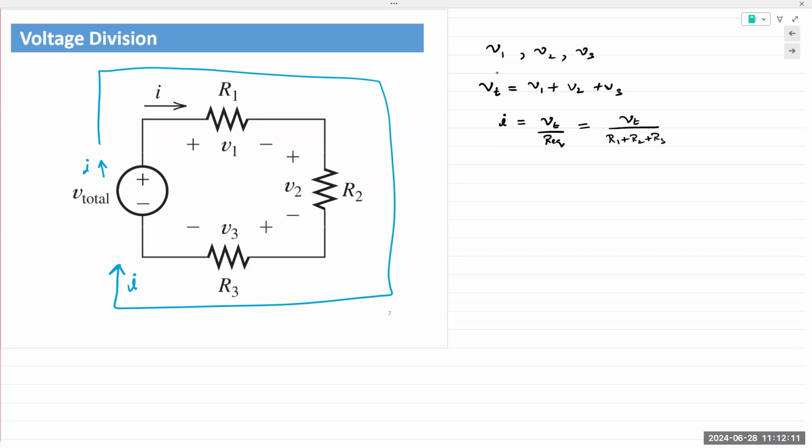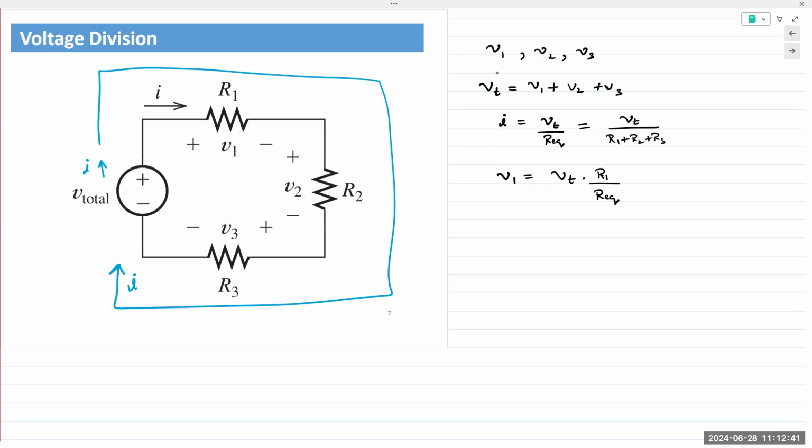And here what happens is we can find V1 as a fraction of Vt, and that fraction is given by the ratio of the resistance to the total equivalent resistance of that circuit, R1 over Req.